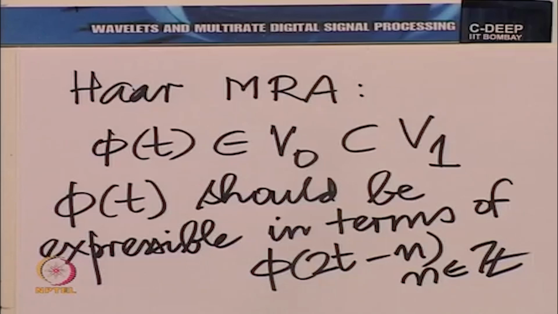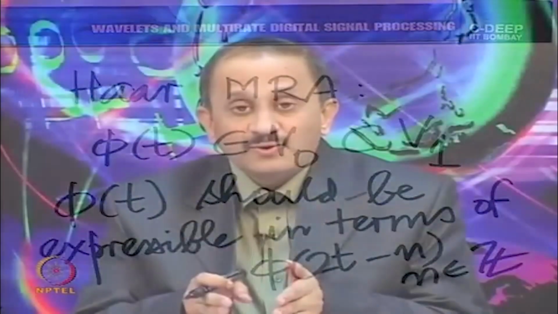Phi t is an element of V 0, V 0 is a subspace of V 1 and the basis of V 1 is again the dilates of phi t by a factor of 2 and their integer translates. So, phi t can be expressed in terms of its own dilates and translates. This leads to what is called a recursive dilation equation on phi t.